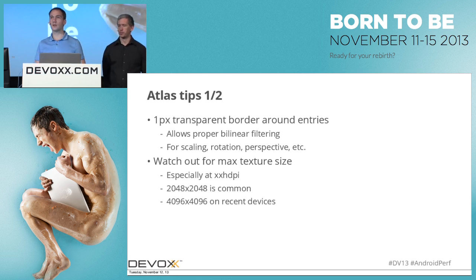You should also be very careful with the maximum texture size supported by your device. An atlas can get very big rapidly, especially for devices like a Nexus 4. So Nexus 4 is a 1080p display, so your images will be pretty large. And on a lot of devices out there, the maximum dimension for an image when it lands on the GPU is 2048 pixels.